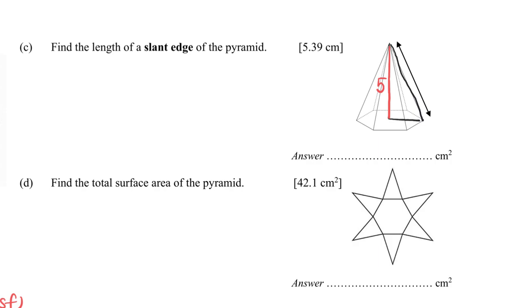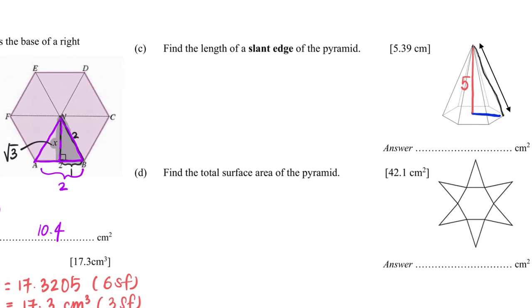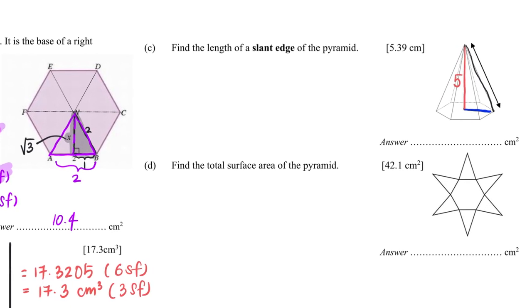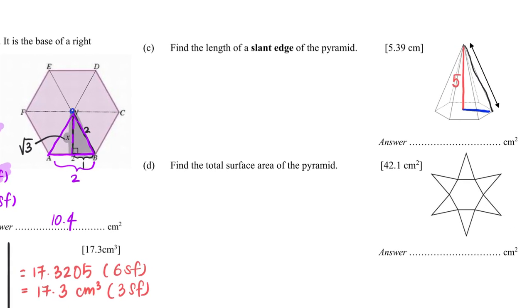The next question is, what is this blue color length here? Let me go back to the original dimension here. Do you see that if the height is at the center, we have this point C and this point N, and these are all equilateral triangles, meaning if this is 2, this is also 2.